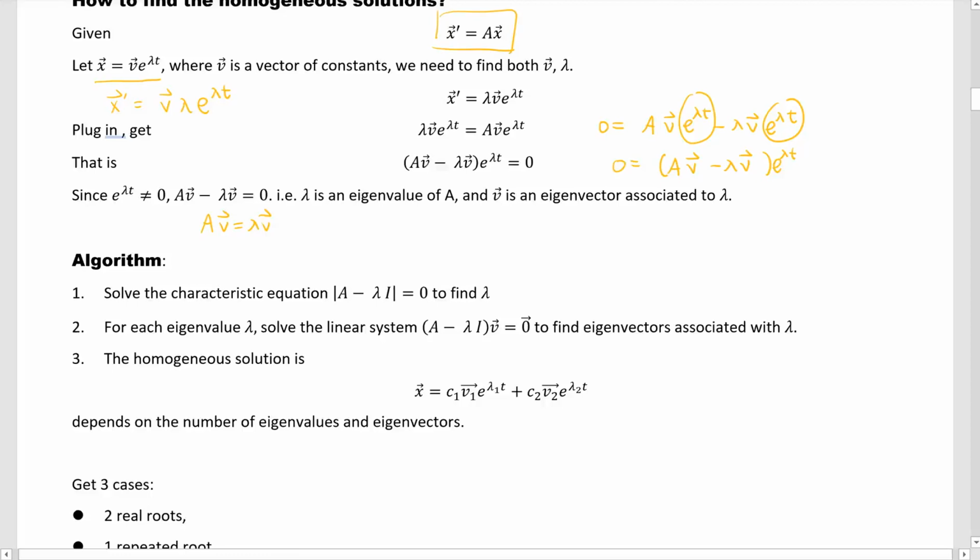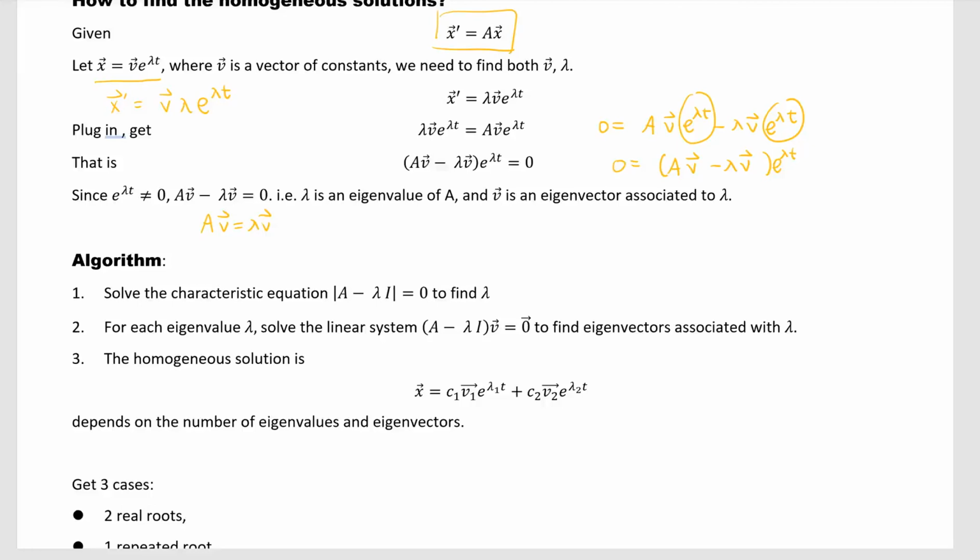First, we want to find the eigenvalues and eigenvectors for the matrix A. We solve the characteristic equation, determinant of A minus lambda I equals 0, to find the eigenvalue lambda. And then for each eigenvalue lambda, we solve the linear system A minus lambda I times v equals 0 to find the eigenvector associated with lambda. Then the homogeneous solution is C1.